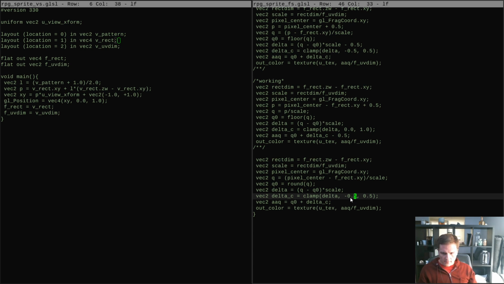So this then gives me this thing here, this delta. Is the difference between 2 points in texel space, and that difference is then mapped back to pixel space. Let me think.